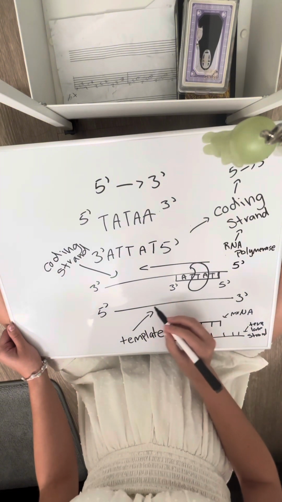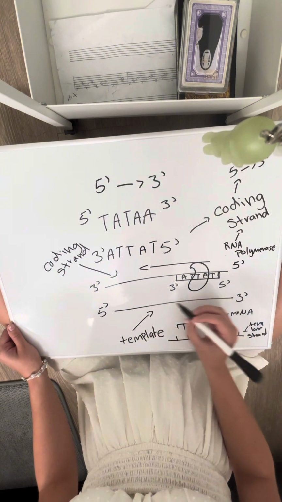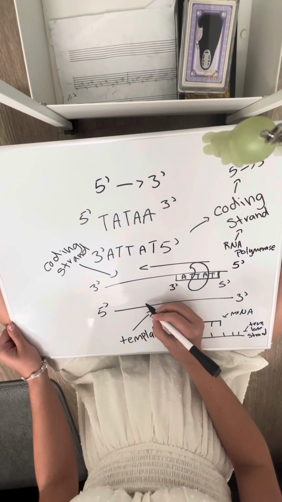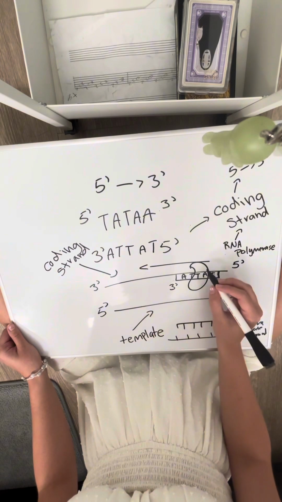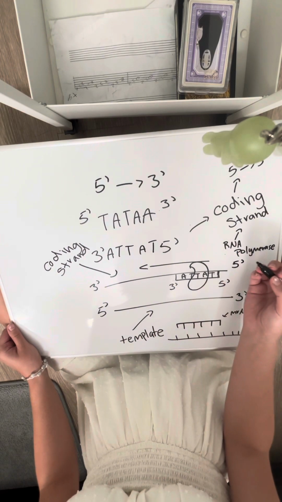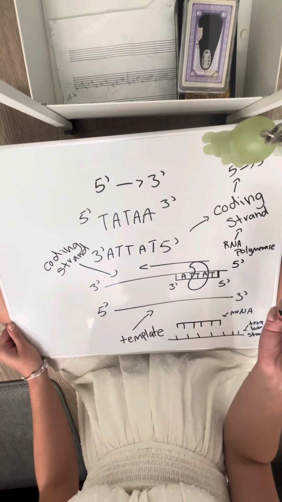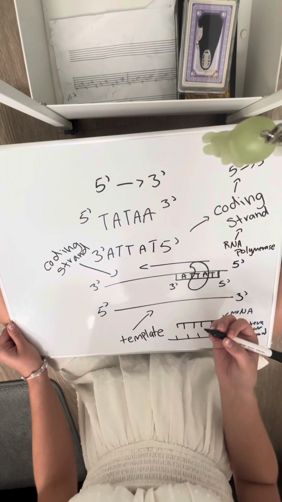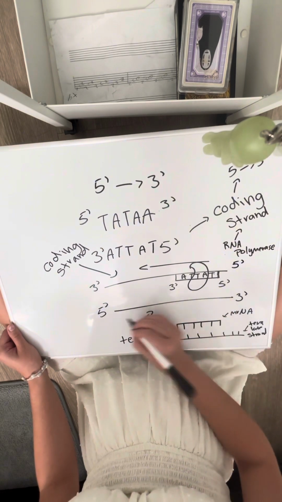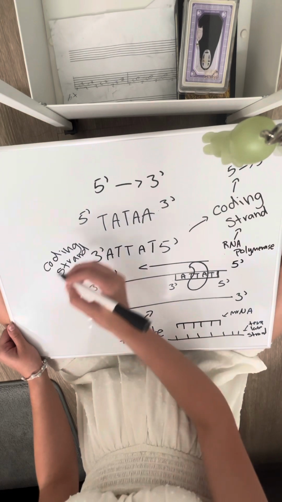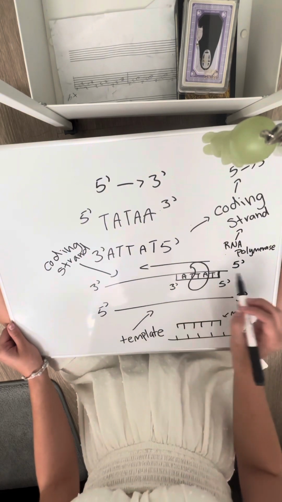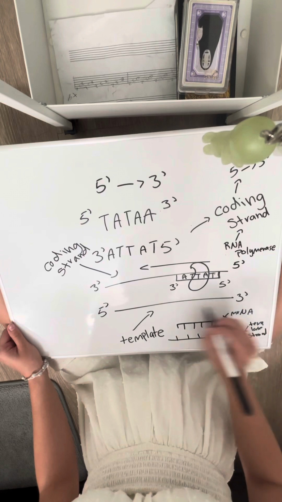So, in this situation, basically, the template strand is read in the 3 to 5 direction, unlike the coding strand. The coding strand is 5 to 3. The template strand is read 3 to 5.